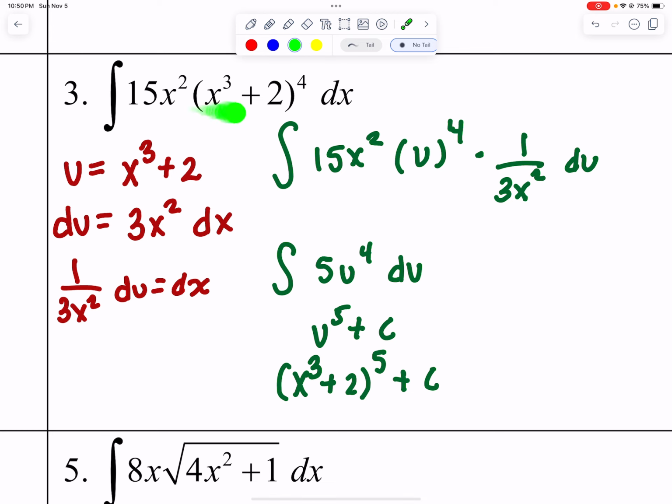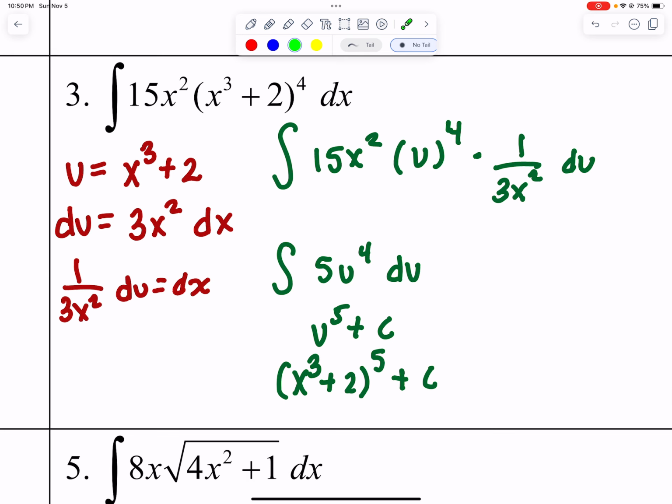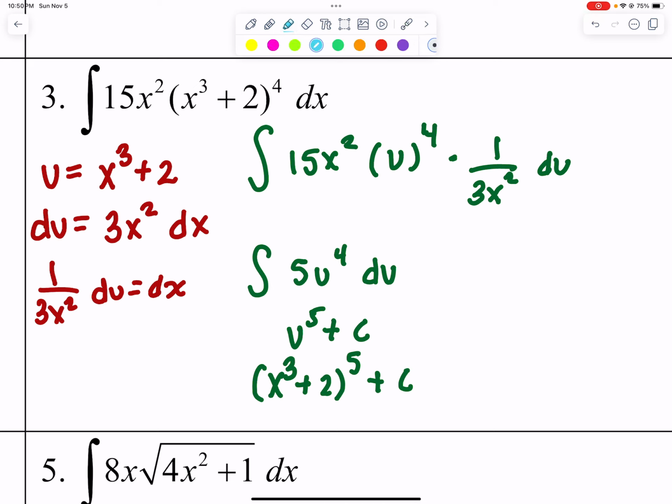Because my original integral was in terms of x, I want to make sure that my final answer is also in terms of x. Now, looking at these two problems, you might notice that whenever I am trying to figure out dx, it's basically going to be the reciprocal of whatever my derivative is right here.